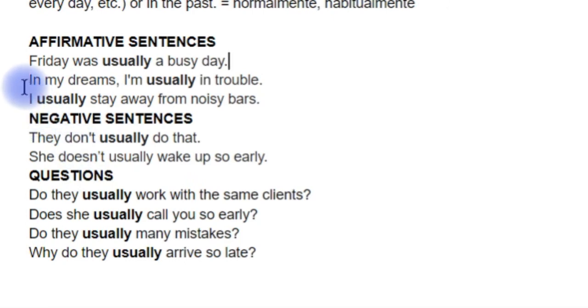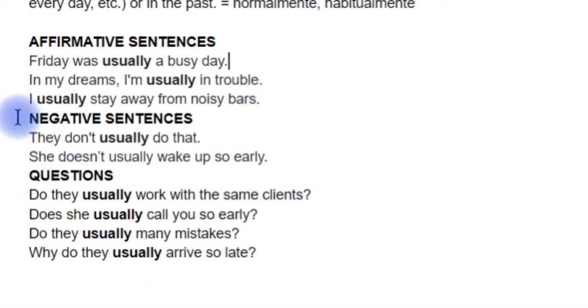In my dreams, I'm usually in trouble. Normalmente tengo problemas cuando sueño, okay? I'm usually in trouble. I dream of ghosts and dragons and storms or whatever you dream of, that you're in trouble. I usually stay away from noisy bars. Normalmente me alejo de los bares con ruido.